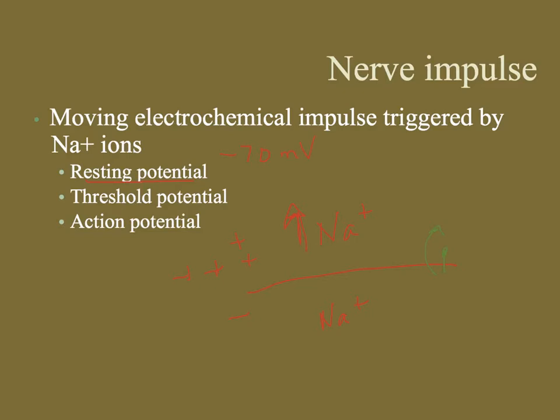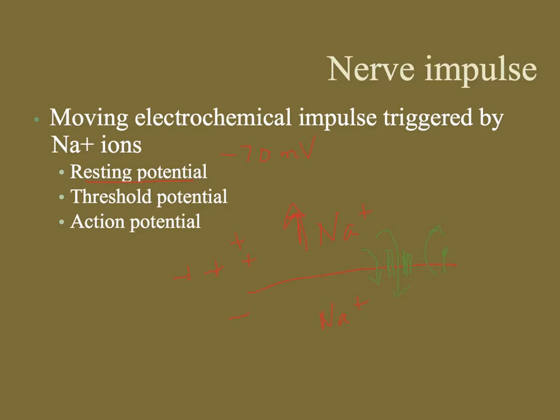Then if something happens that allows some of these sodium ions to start to trickle back in, if an ion channel that has been closed opens up, and that's of course another integral protein in the cell membrane, so if that allows your sodium ions to travel back in, you're going to decrease the potential difference.